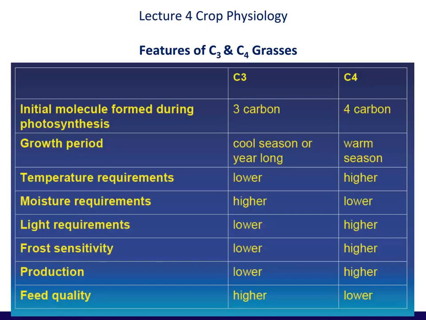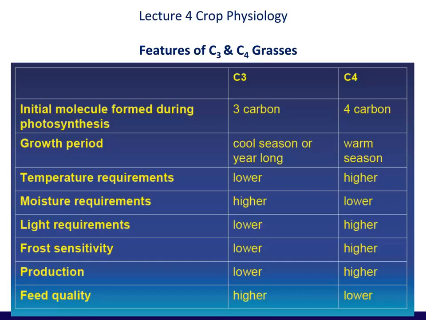C3 plants tend not to need very much light to be efficient, so we say their light requirements are low, while C4 plants require high light conditions. C3 plants tend to not have a sensitivity to frost, while C4 plants tend to have frost sensitivity.